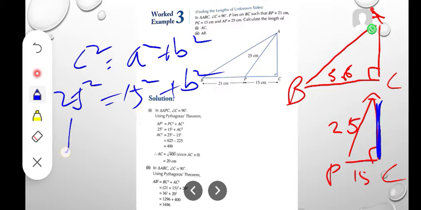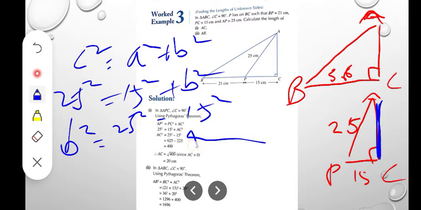Right? You'll end up with b square equals 25 square minus 15 square, which is this one. 25 square minus 15 square equals 625 minus 225, 400. And lastly, always root, yeah? So root of 400 becomes 20, like that.